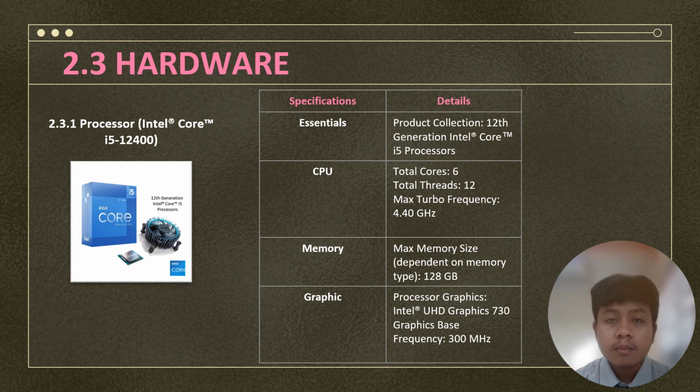The graphics processor is also equipped with the Intel UHD Graphics 730 and the maximum resolution of HDMI is 4096 by 2160 at 60 Hz, which allows Nawal to watch movies on her computer with good graphic condition.